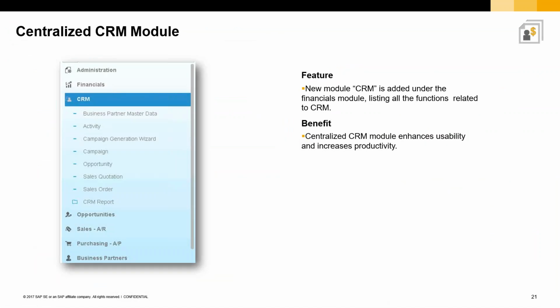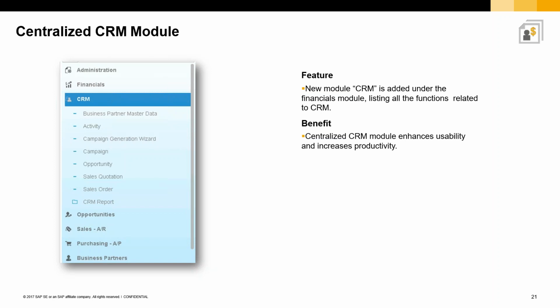Okay, for the CRM, there's no new feature. There's a new menu where all the options related to the CRM are now under this option. So, for example, before, if you wanted to create a lead, you had to go to the business partner screen. If you wanted to create an activity, you had to go to the business partner menu.